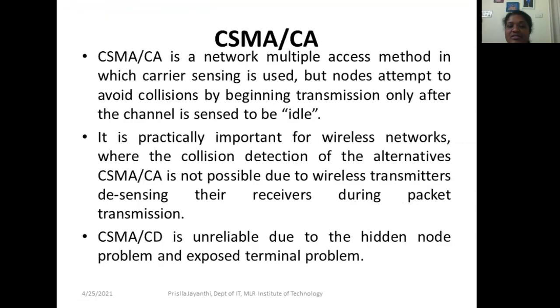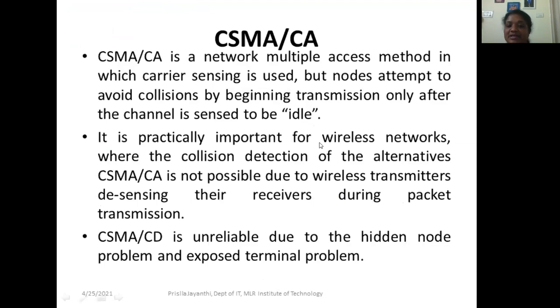So coming to CSMA/CA, collision avoidance, this method is a network multiple access method in which the carrier senses, but the node attempts to avoid collision by beginning transmission only after the channel is sensed to be idle.